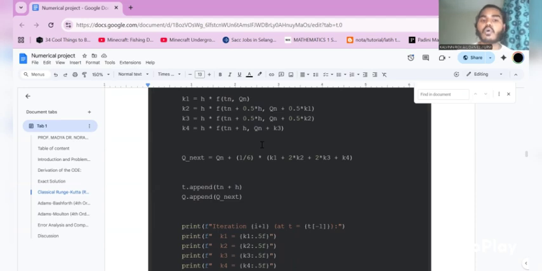And then you go on to Q next, which is basically just the iteration value. From there, we can get the amount of salt present based on the formula that we put. So this just calculates the amount of salt that's present.